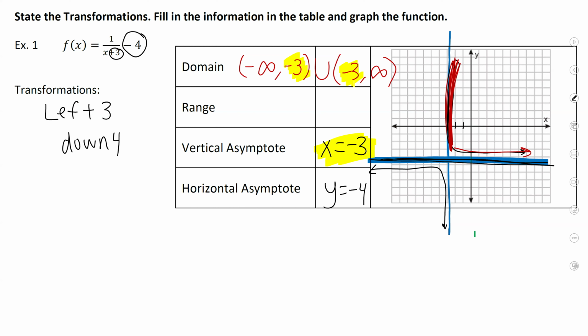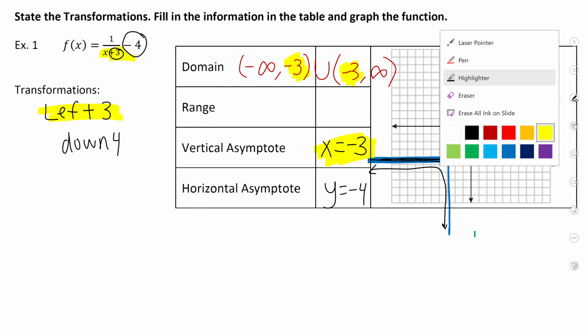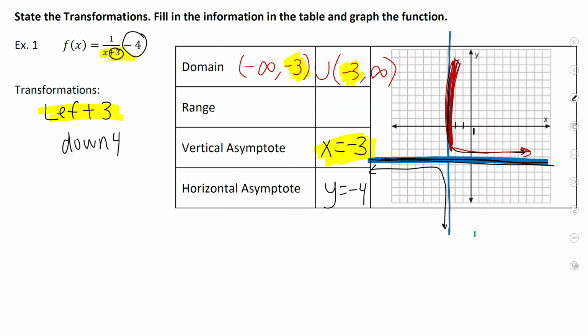It also matches your left 3. Those numbers match. These numbers match. Okay? All right, so now for your range. Here's the very bottom. That's at -infinity. And then here's the top right here. Here's the top. That's at -4.